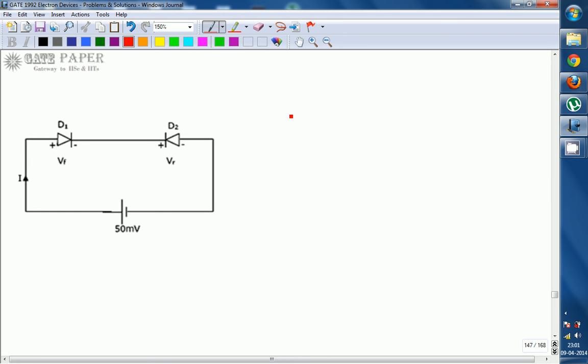So we can write the current flowing through the forward bias diode, I1. I1 is equal to I01, the reverse saturation current of the first diode, multiplied by e power Vf divided by Vt minus 1. And I1 is nothing but the current flowing through this first diode.